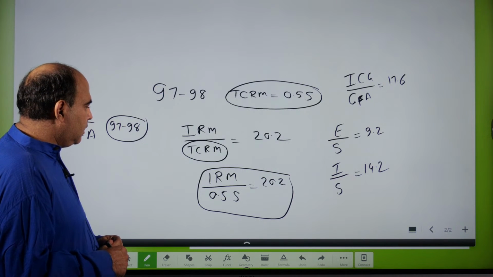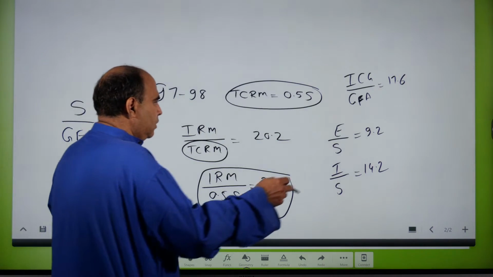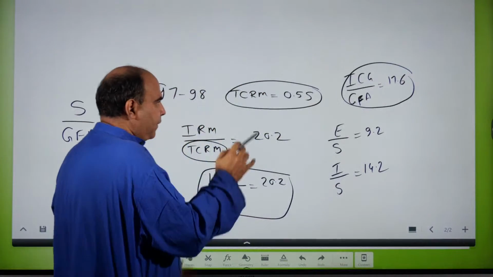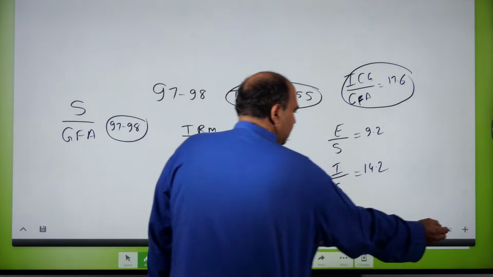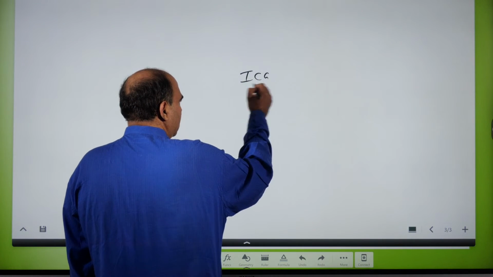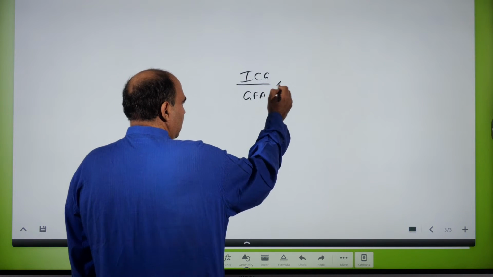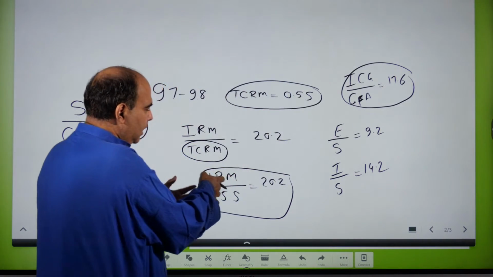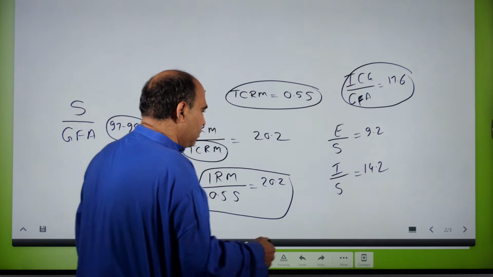To do that, in some way I have to divide this by this, because if I divide that by that, what I'll get is ICG upon gross fixed assets into, if I put this in the denominator, IRM by 0.5 S, the 0.5 S will go up and IRM will come down.